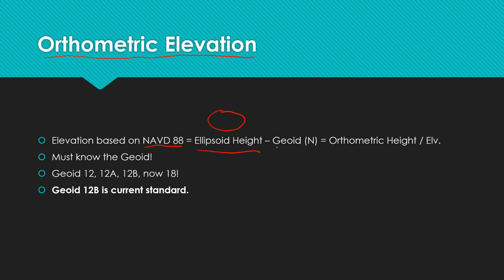We subtract out the geoid height, which takes into account gravity and how gravity affects mean surface elevation. And then we calculate ultimately our orthometric height, which is all relative to that benchmark, that North American vertical datum.